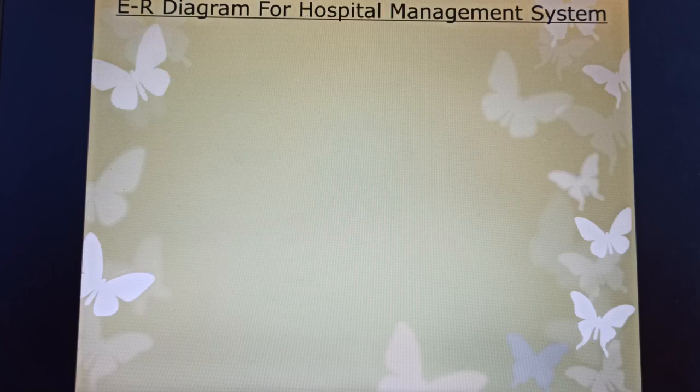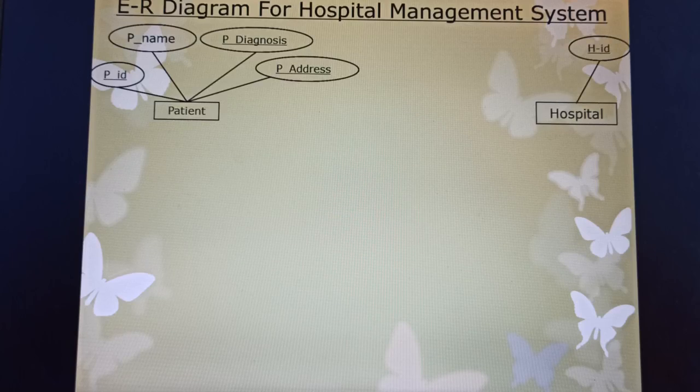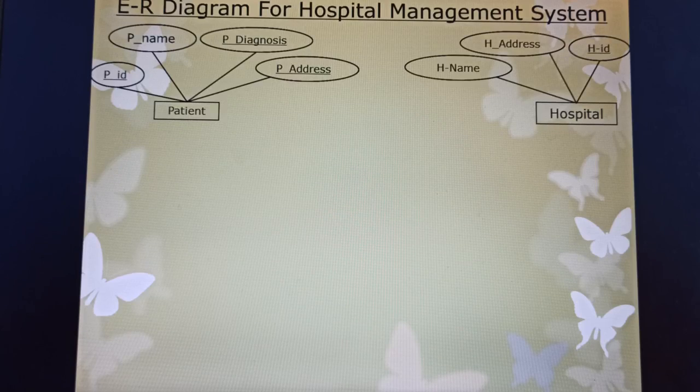Now let's take the example of a hospital management system. Now the first entity is patient, which is identified using patient ID, patient name, patient diagnosis and address. The second entity is hospital, with hospital ID, hospital address and hospital name as the attributes of the hospital entity.